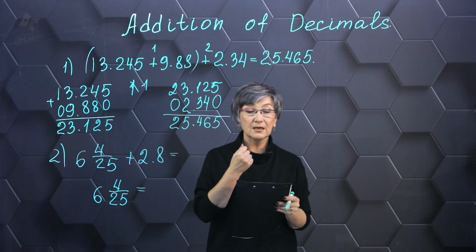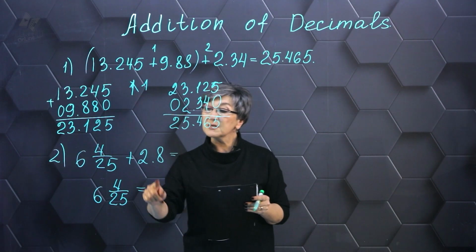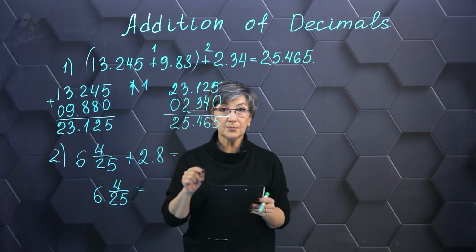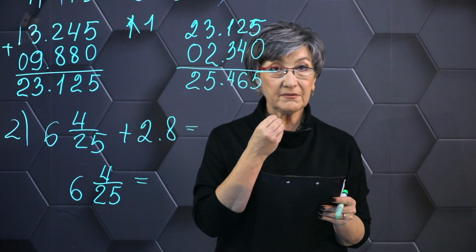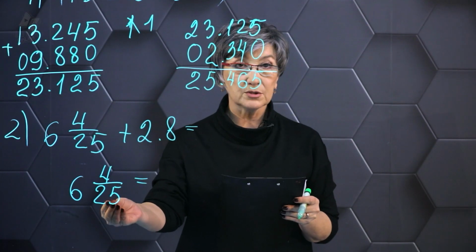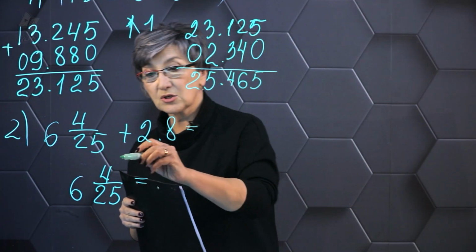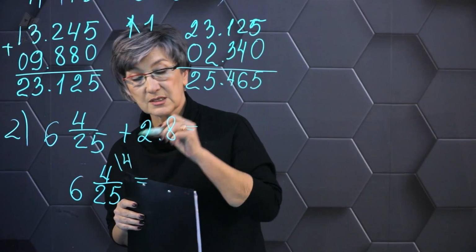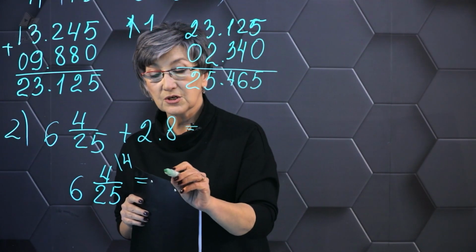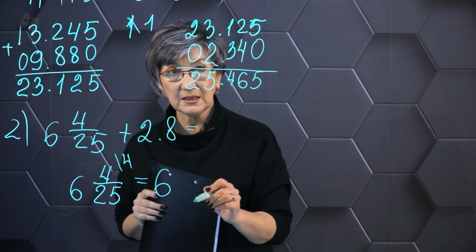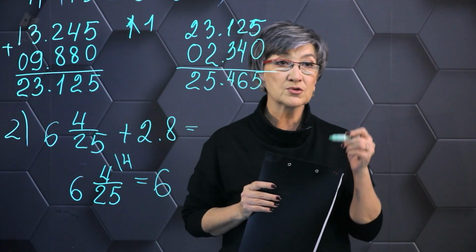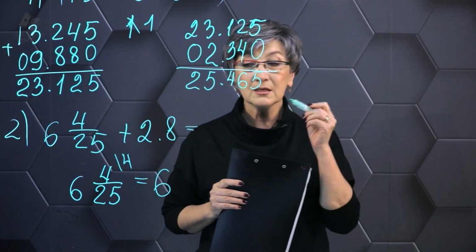You and I have been learning how to bring a given fraction to a different denominator. And I'm checking. 100. Is 100 divisible by 25? Yes, it does. When I divide 100 by 25, I get 4. The result is 6 whole 4/25, which I bring to the new denominator, which is 100.